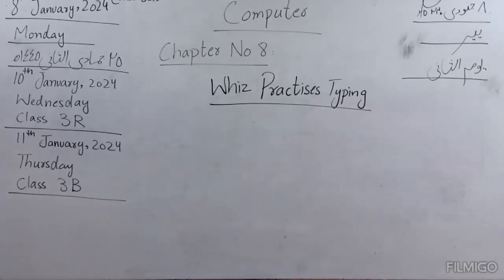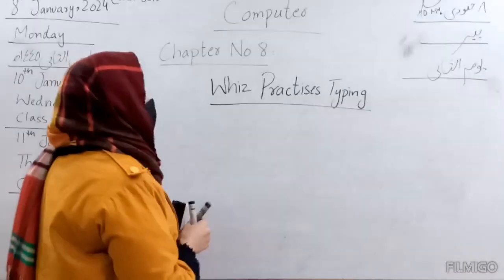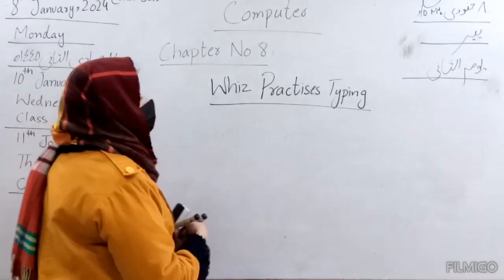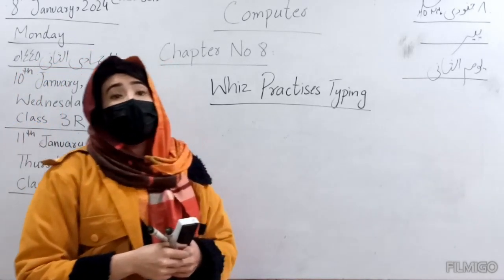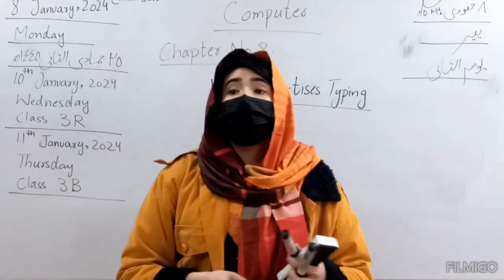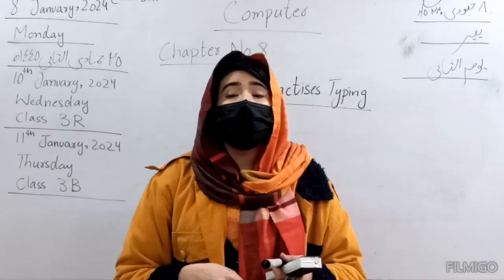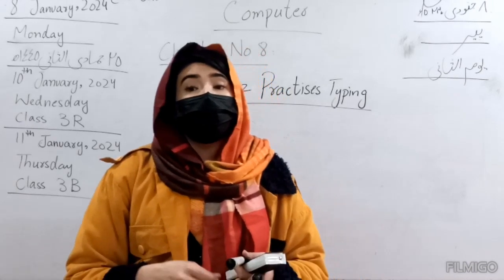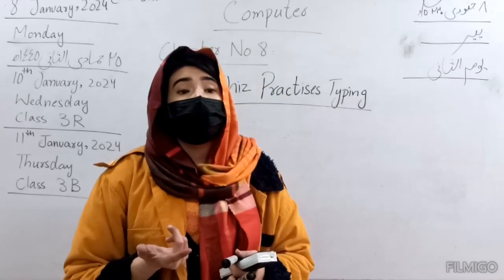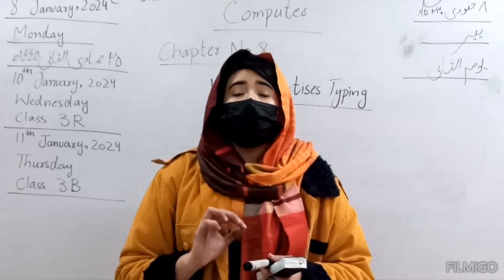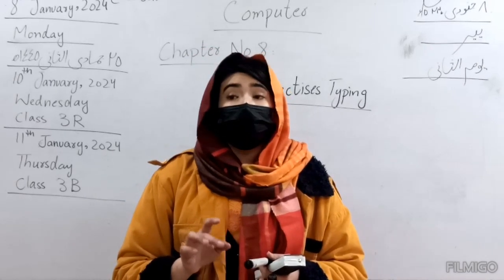Firstly we have to know how to learn typing. So there are some rules to use the keyboard. So we have to know what the rules of using the keyboard are. We have to know which finger is used for which key, so we can easily type our words which we want.